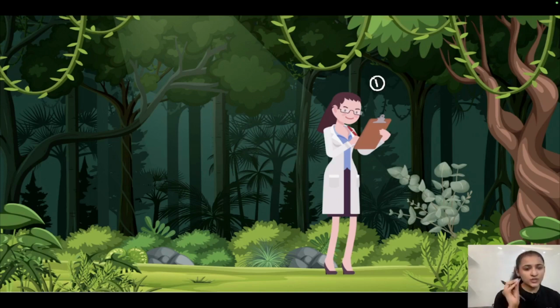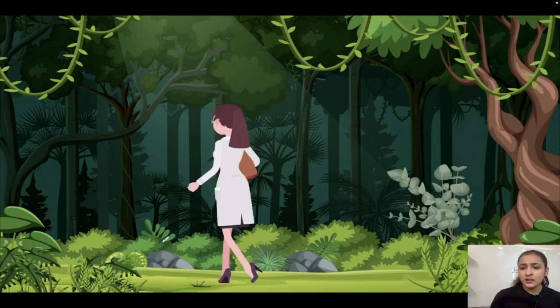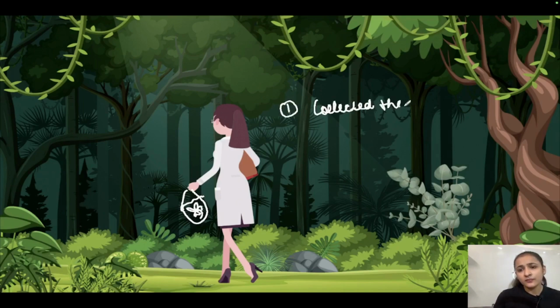If I put an object in front of you, you'll first observe how it looks. Now she'll collect the specimen of this plant and take it with her to the places where various taxonomic aids are available in order to identify and classify this plant. So what she has done in the first step is that she has collected the actual specimen.